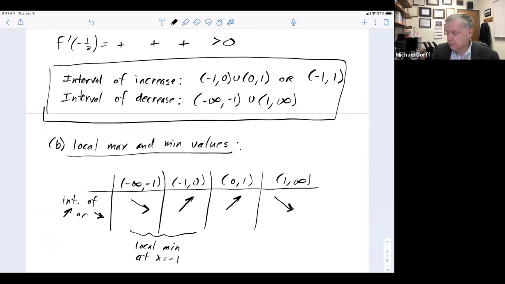Well, in the next part, from -1 to 0 and 0 to 1, it's increasing and then increasing again. So there's not a local min or max because it keeps going up. But from 0 to 1, it's increasing, and then from 1 to infinity, it's decreasing.